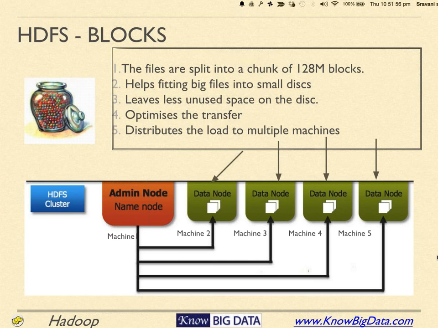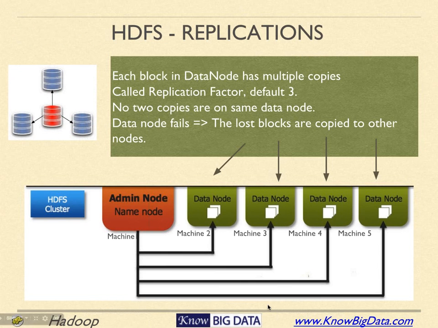If you create a bigger block, then most of the files will have a single block. There's no point of having the blocks, the splits then. So it's very abstract and arbitrary, but has been done keeping in mind various kinds of parameters. Earlier it was 64 MB, now it's 128 MB.